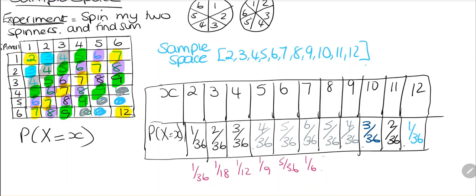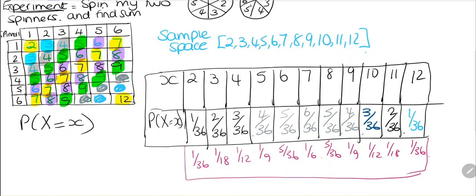Okay, 5 over 36, 1 over 9, 1 over 12, 1 over 18, and 1 over 36. But if we add them up, the total for probability is going to be 1. So the probability is always between 0 and 1.